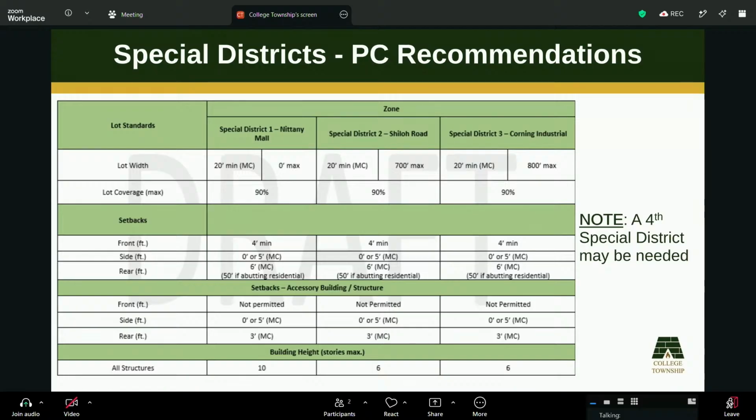I have a question. Throughout the past five years or so, are there comparable spaces of this size in College Township that have been vacant, or do they tend to remain active? The ones that have vacated have turned over that I'm aware of.